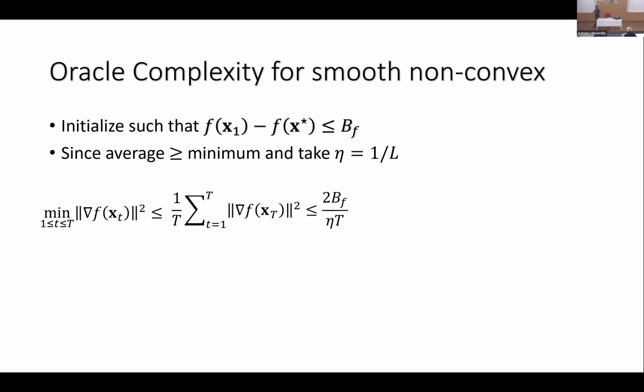So as t goes from 100 to 1000, that minimum value should decrease by a factor of 10 at least. In the worst case it will decrease by a factor of 10, could decrease more.